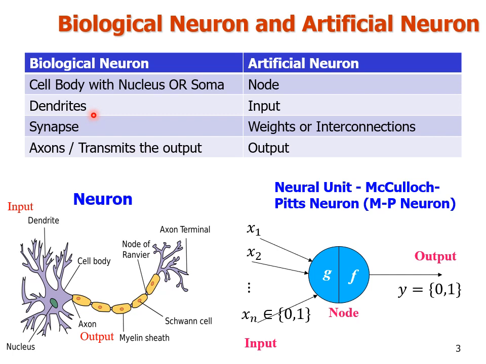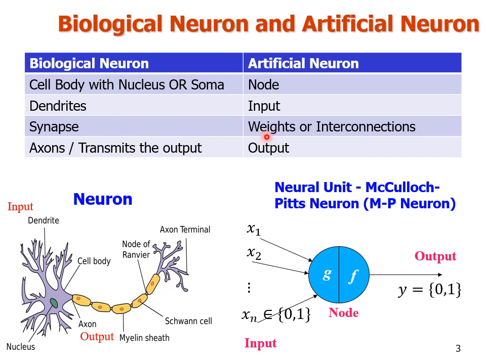Those actually receive the input signals. So here in MP neuron we have the inputs denoted as x1, x2 up to xn, and we said that these inputs are binary inputs. In biological neurons we have synapse or axon terminals. Those are actually the points of connection to other neurons.